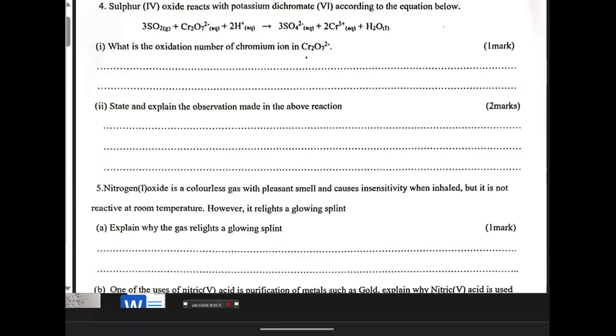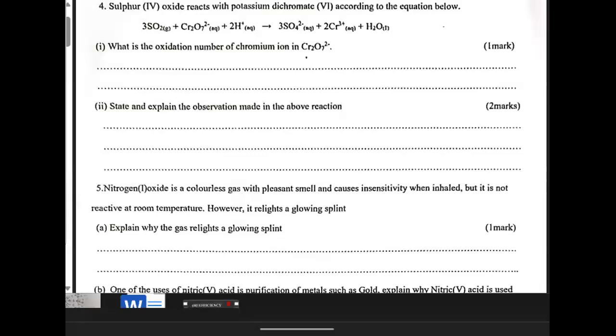Then 2Cr is... -2 times 7 will be -14. So we take it to the other side. These are simple maths. It will be -2 plus 14. 2Cr will be plus 14 minus 2. 2Cr is plus 12.